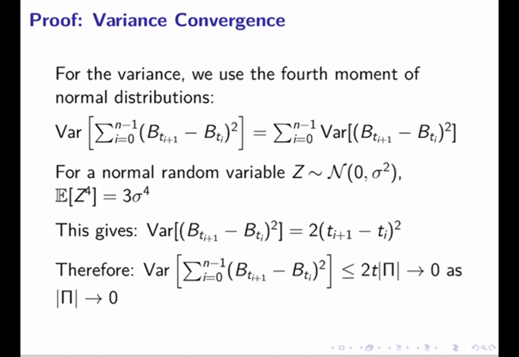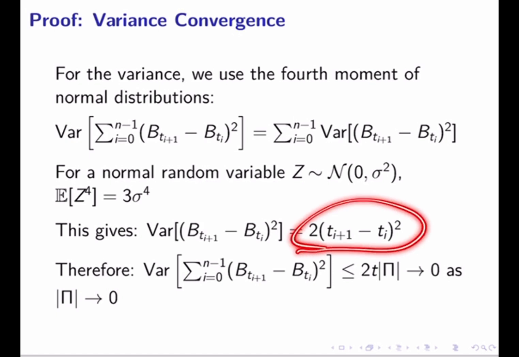This allows us to calculate the variance of each squared increment, which is equal to the expectation of its fourth moment minus the square of the second moment.